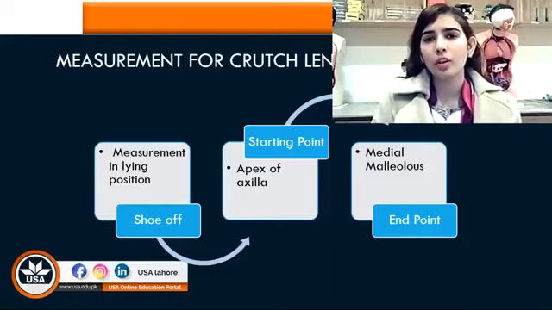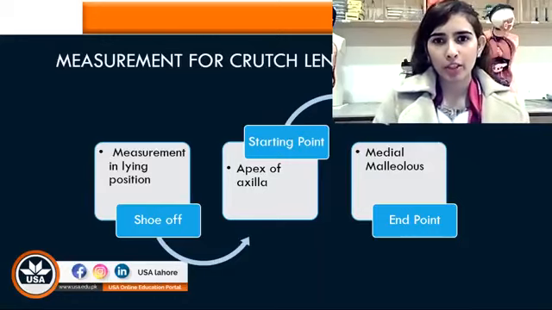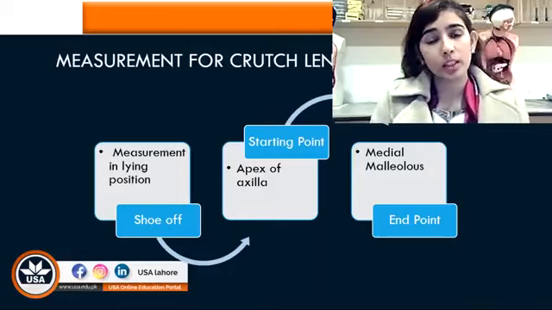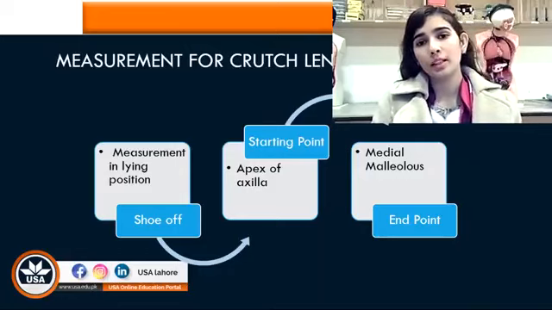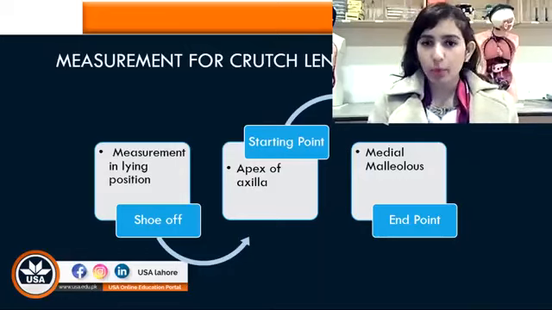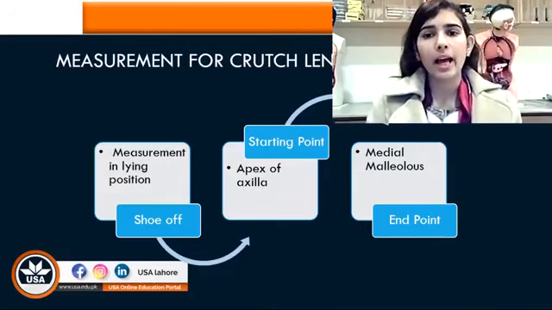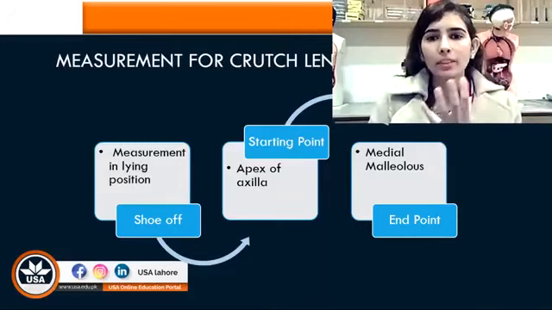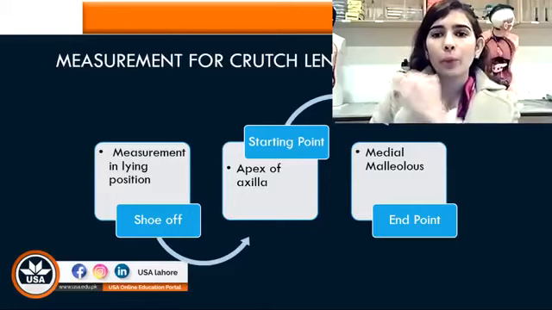So first of all, we will see if the patient is lying on the bed with the shoes off, how will you take the measurements? The starting point of your measuring tape would be the apex of the axilla. What does apex of the axilla mean? The highest point of the axilla.